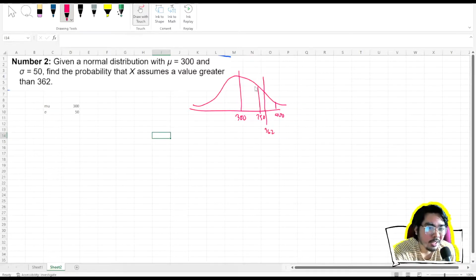Which is saying, what is the probability under this curve? When you do these types of problems, it's always helpful to draw it so you can imagine it. So that's 362.